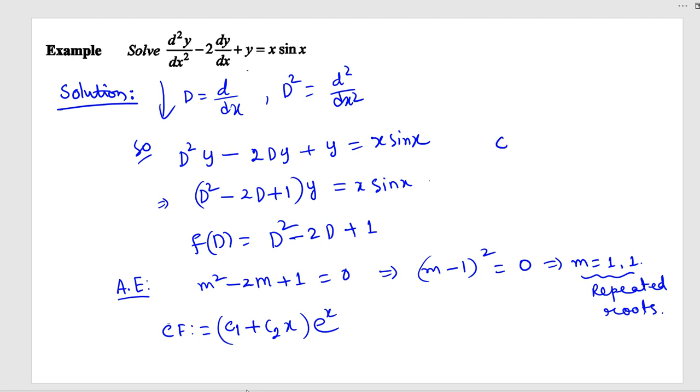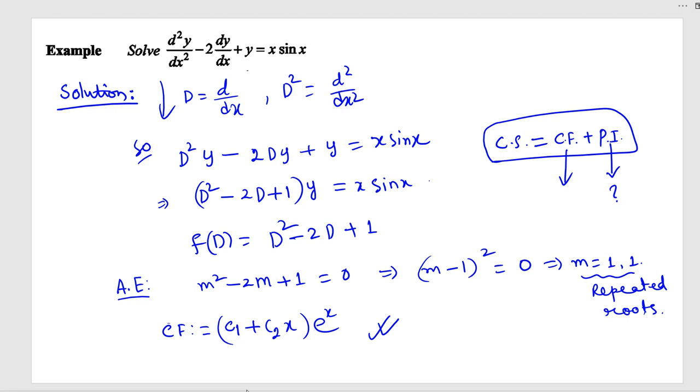Now we know that the complete solution is CF plus PI. We have found the CF already. Now, what will be our PI? In order to find this PI, we need to follow the fifth procedure.